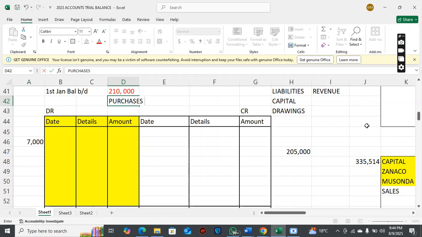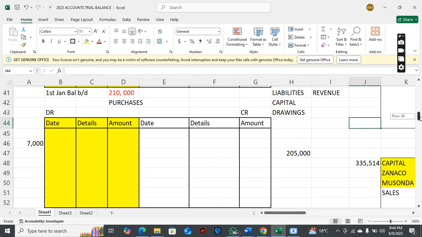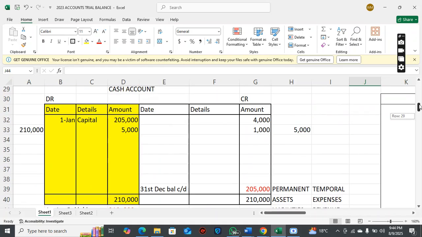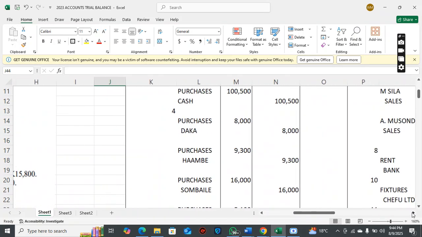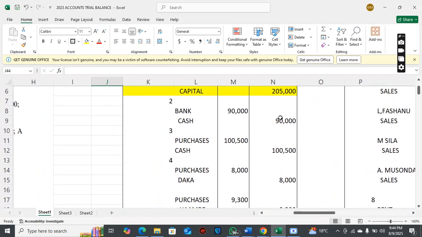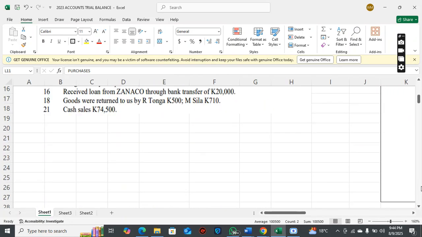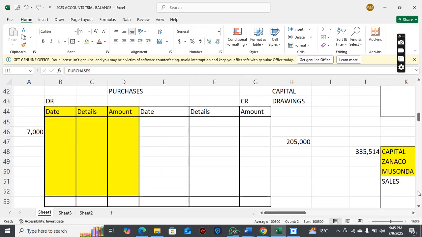According to our journal entry, we debit purchases. So when you're doing this exercise, colleagues, you just follow what the journal entry has said. Debit purchases, so on the purchases account you put the amount on the debit side. Then credit cash, on the cash account you put it on the credit side.